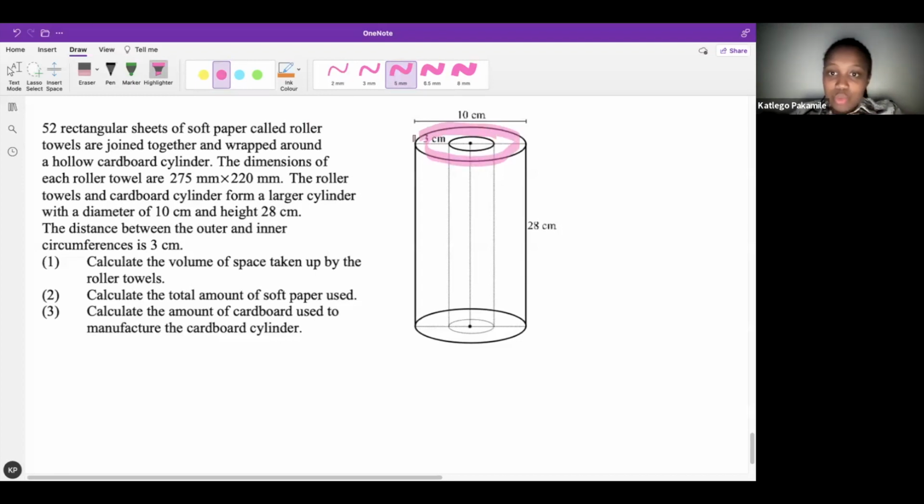So we want the tissue part. We want to know how much tissue we're getting. Do you guys understand? And then I go and highlight the middle part after I said outer. So we want this part, without the hollow middle.